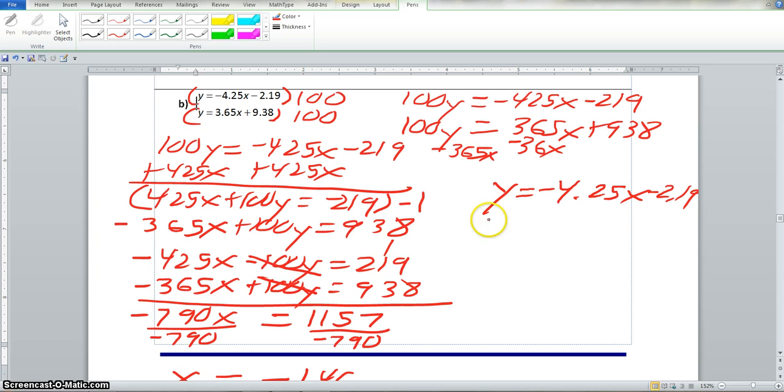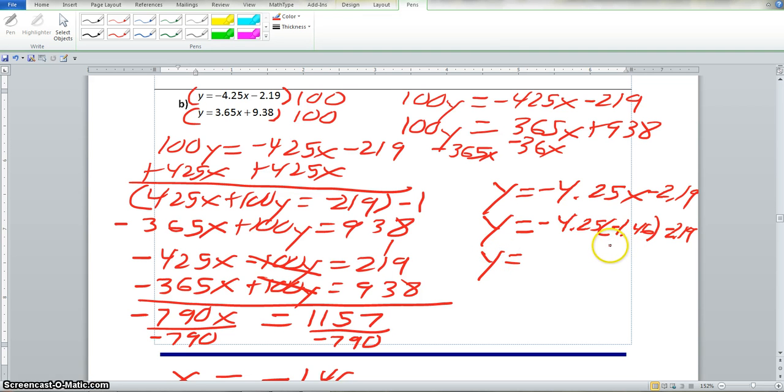Okay, now we would substitute in what we got for x, which was negative 1.46. So we had negative 4.25 times negative 1.46 minus 2.19.